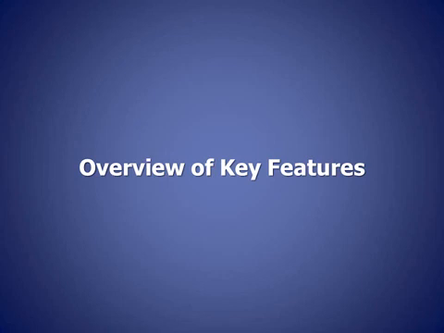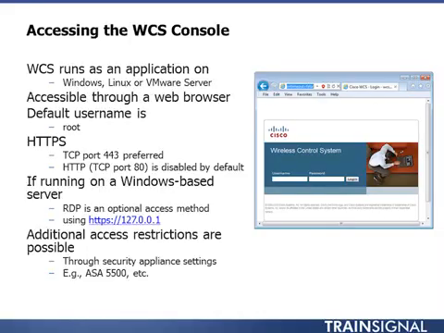So let's take a look at some of the key features in the wireless control system. Now, when you've installed your wireless control system on your Windows or Linux server, or maybe you're running it in a VM virtualization environment, you'll be able to access it through a web browser.